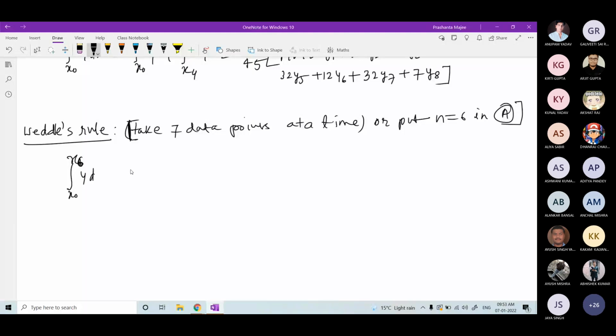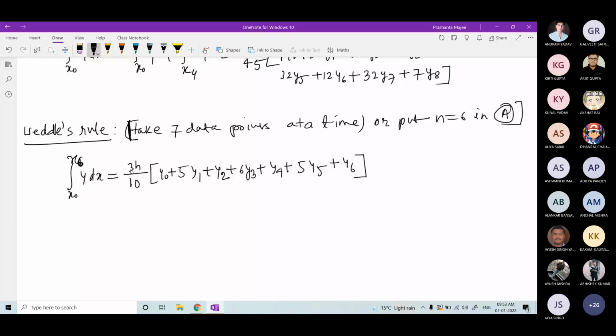For those data, the value of the definite integral will be, let me write down the formula, 3h by 10 times (y0 plus 5 times y1 plus y2 plus 6 times y3 plus y4 plus 5 times y5 plus y6).